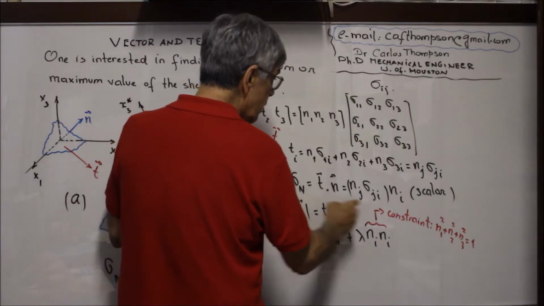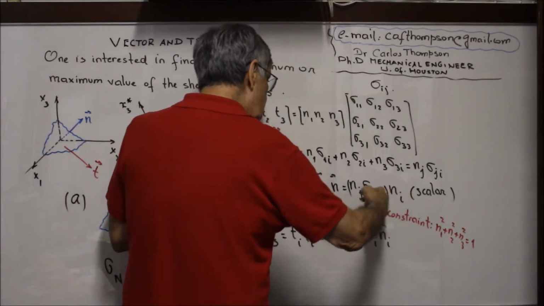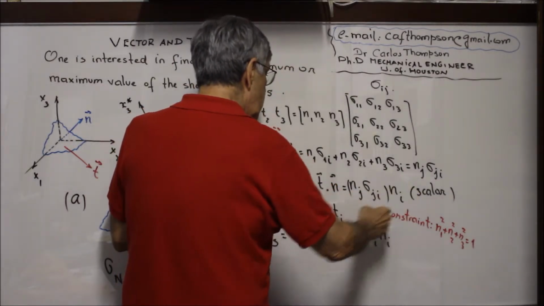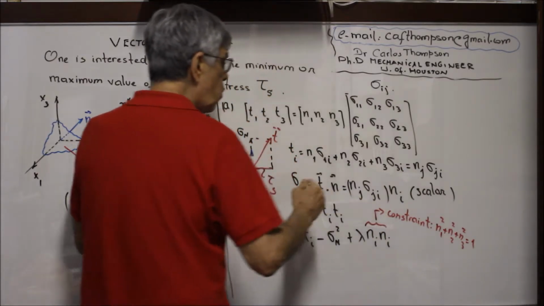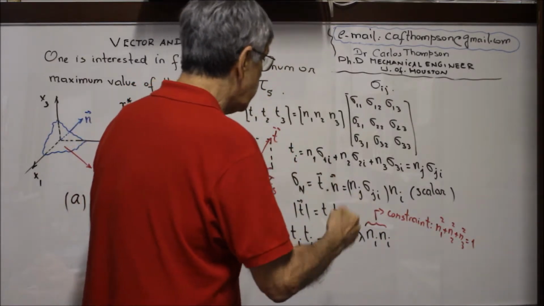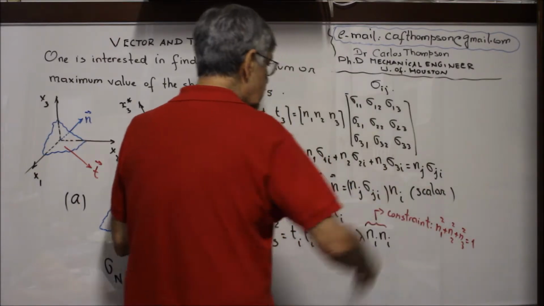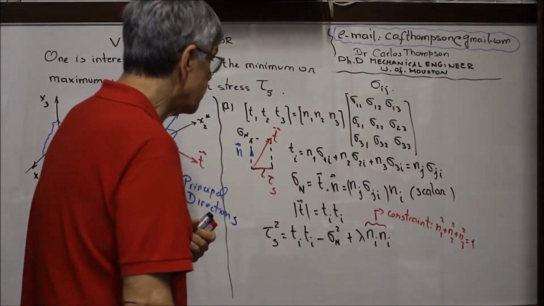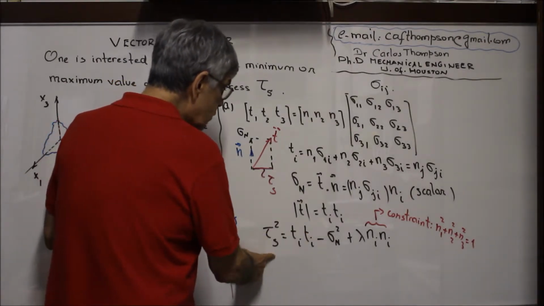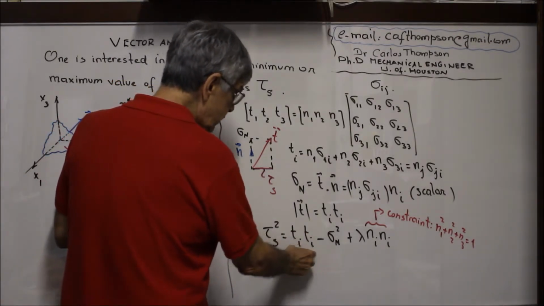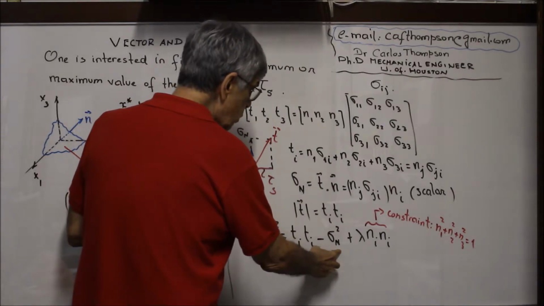How many terms do I have here? I sum j over 1, 2, 3 and i over 1, 2, 3, so it has a lot of terms. So tau s squared is T dot T minus sigma n squared.